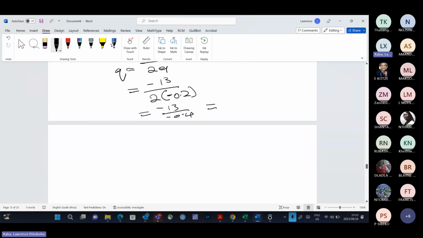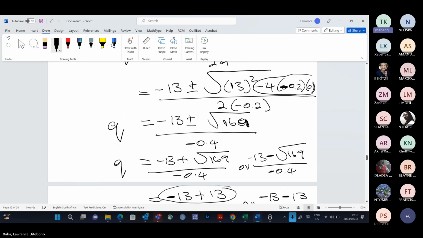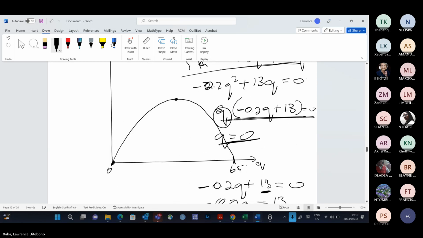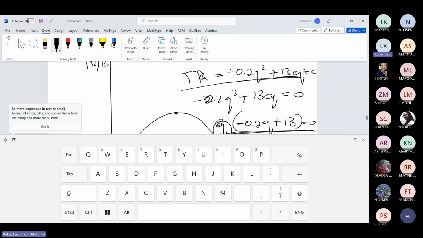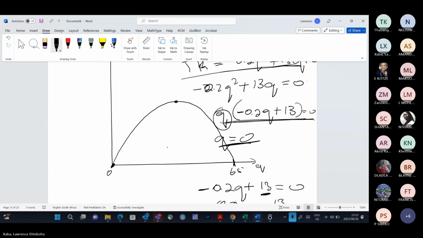So we have 32.5. Yes. So we go to our equation. So that tells us that here it will be our 32.5.